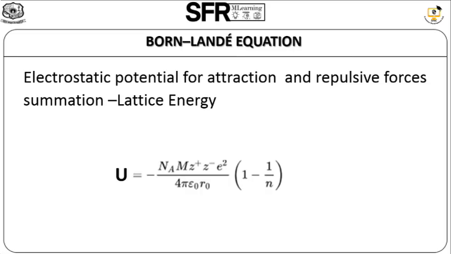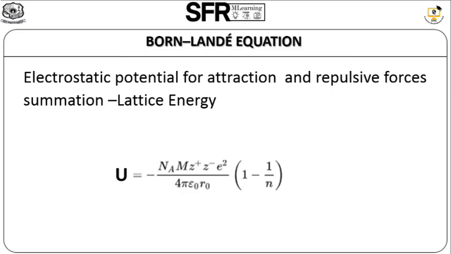This is the final equation to calculate the lattice energy. This is the electrostatic potential for both attraction and repulsive forces, that is U is equal to minus Na into M Z plus Z minus E square divided by 4 pi epsilon naught R naught into 1 minus 1 by N. Here Na is an Avogadro number, M is the modeling constant. That modeling constant depends on the geometry of the crystal.